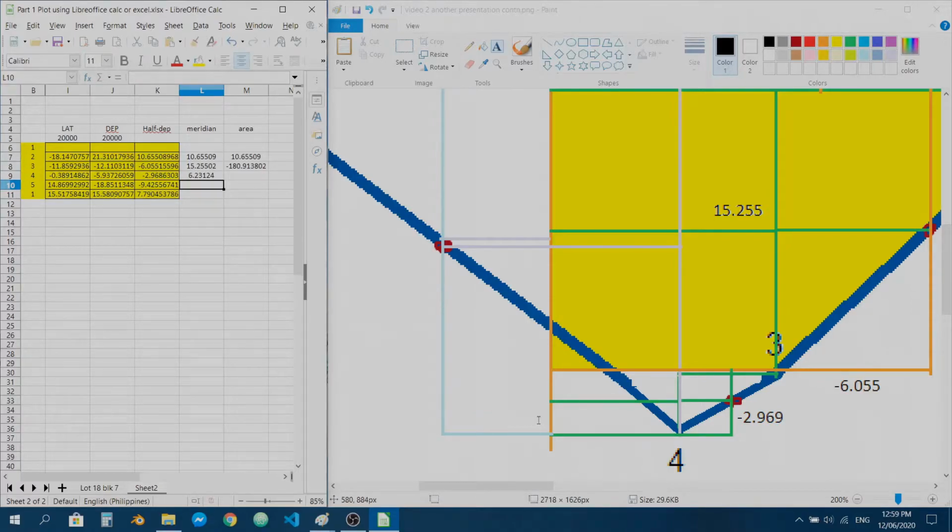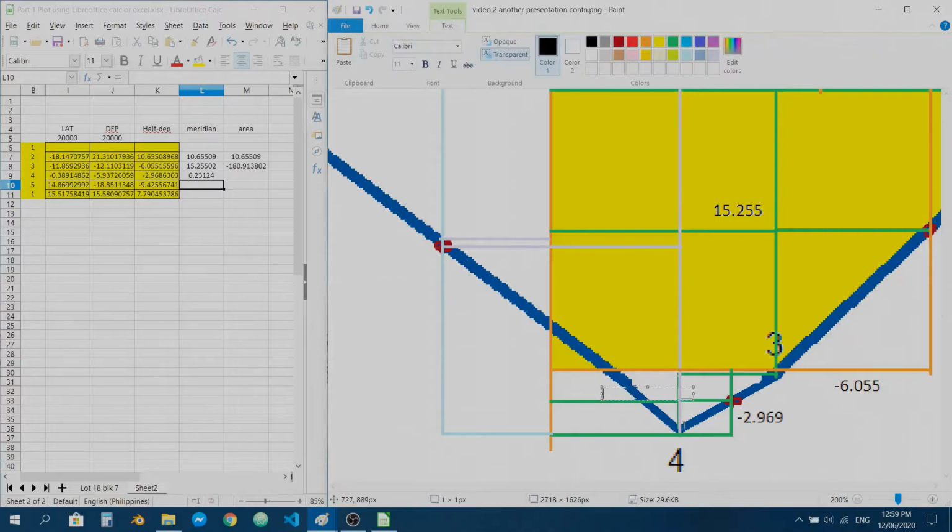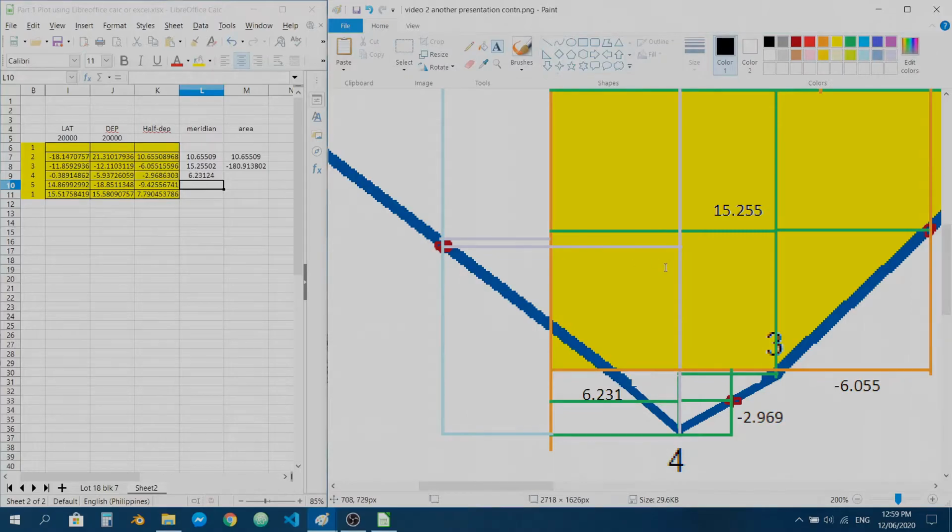Okay, so now we have 6.23, which is this distance. Okay, let's put it there, 6.23. And multiplying it by the latitude, which is this one, let's do that. This one times this one.